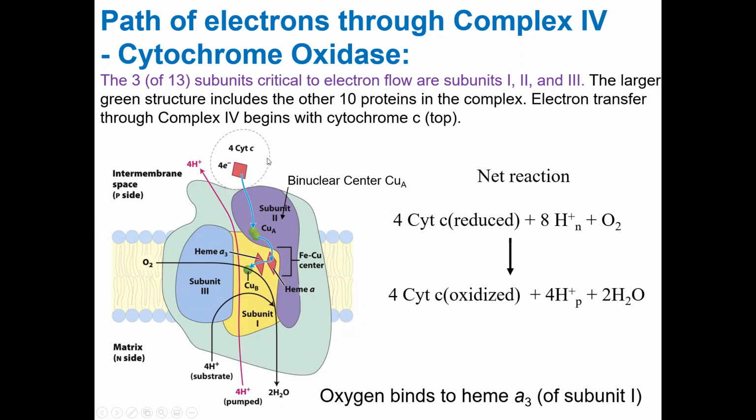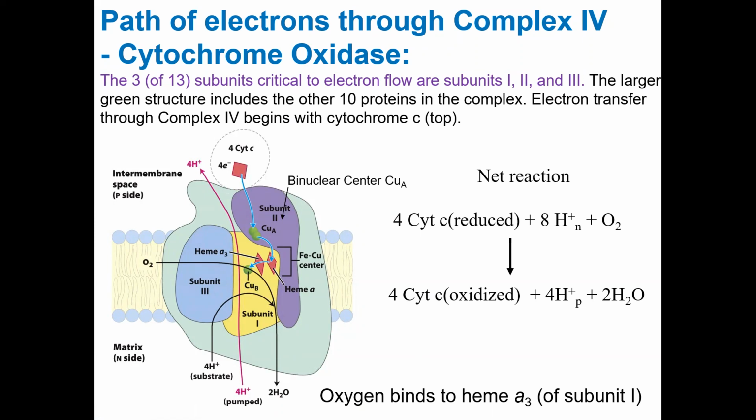But it turns out that the cycle doesn't start with 4 cytochrome C bound to complex 4. It starts with 2 cytochrome C bound, one at a time.